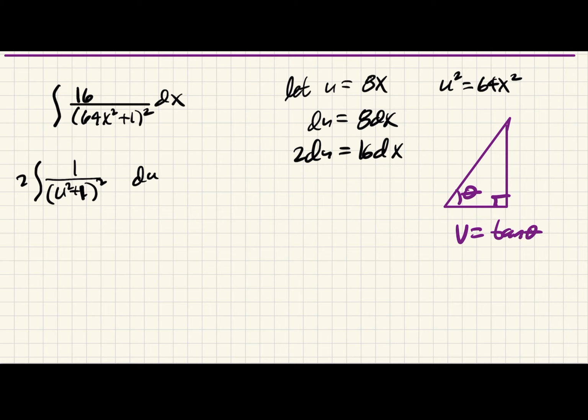So that makes, no, let's use u. Sorry. So that makes u equal to tangent theta. That makes this side u, this side 1, and this side will be the square root of u squared plus 1.